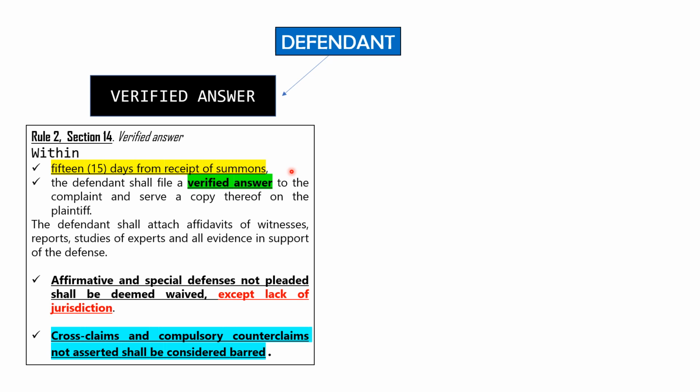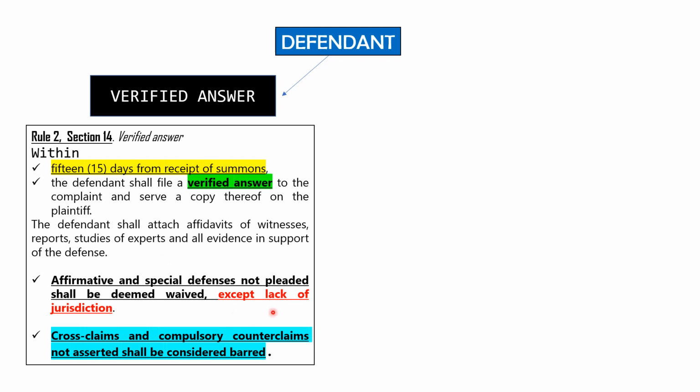And take note that the law requires the defendant to file a verified answer. And in your verified answer, include already the affidavits of witnesses, if there are reports, studies of experts, at lahat ng ebidensya mo, isama mo na. And if you have affirmative defenses, if you have special defenses, then include it also. You plead that one because if otherwise, it shall be deemed waived.